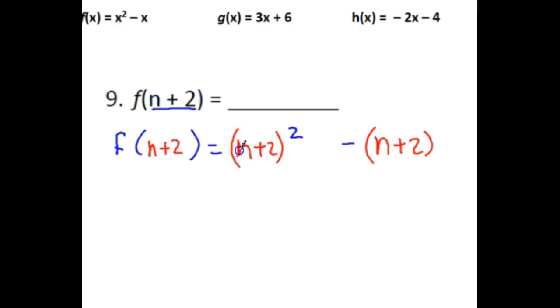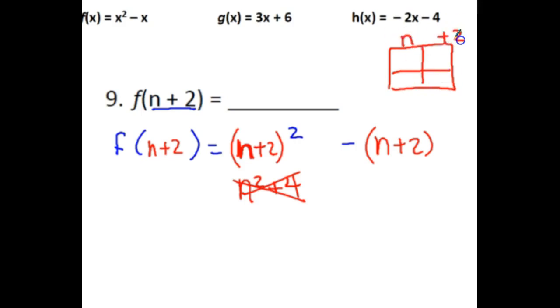When you square that, is that going to be n squared plus 4? Do you square the first one and square the last one? Well, algebra 2 forever if you do that. This means n plus 2 times another n plus 2.